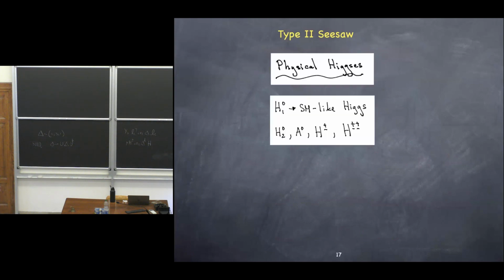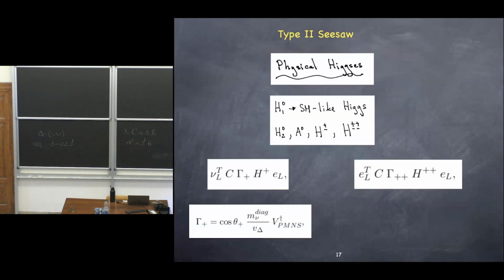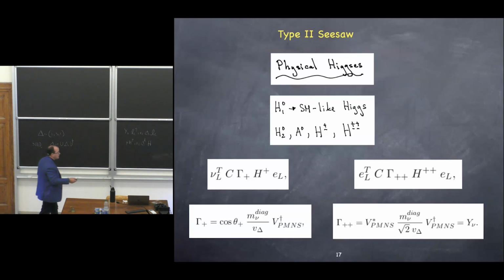Then you can study this type of scenario carefully, and what you will find is a neutral Higgs that is the standard model-like Higgs, and then you will get other Higgses. But don't pay too much attention to them. Pay attention to something very exotic: there is a doubly charged Higgs that couples to leptons.